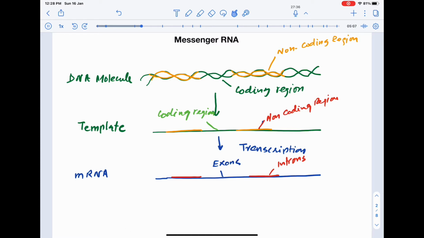So in a premature mRNA, there are alternating exons and introns present along its length.